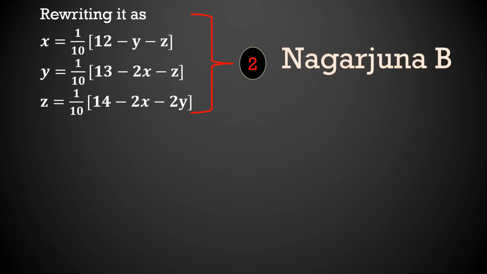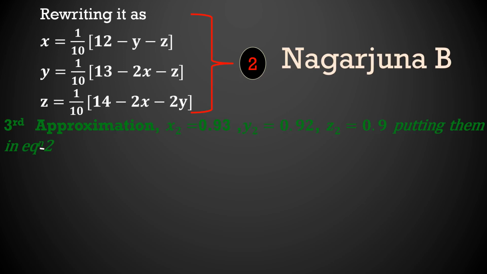In the third approximation we consider x2 is equal to 0.93, y2 is equal to 0.92 and z2 is equal to 0.9, which we have got at the second approximation, and substituting these values as x, y, z on the right hand side of the system of equation 2, we get the third approximation, that is x3, y3 and z3. So first consider the first equation which is present in the system of equation 2, that is x is equal to 1 by 10 into 12 minus y minus z.